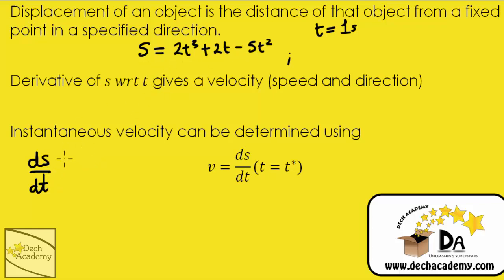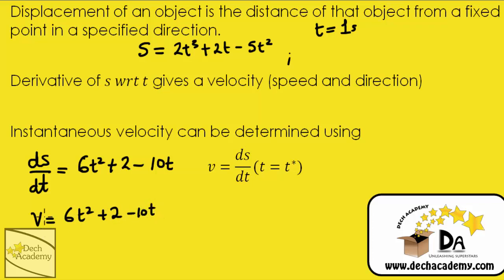So I'll differentiate this expression, and that gives, well, this is 2t cubed, so that's 6t squared, plus the derivative of 2t, which is 2, minus the derivative of 5t squared, which is 10t. So this ds/dt is the velocity of the object. So the velocity of this object is 6t squared plus 2 minus 10t.